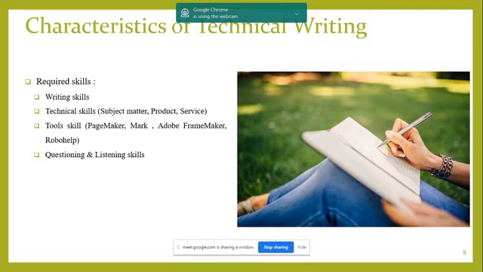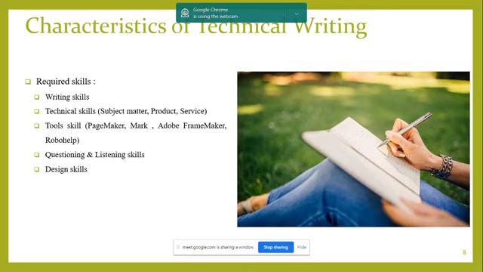You try to get the knowledge through listening. And one more thing is reading. Yes, reading is also important for writing. I didn't mention it here, but reading is a main part of writing. That too, you should read as a critical reader. So questioning, listening, reading, these should be the main skills needed for technical writing.